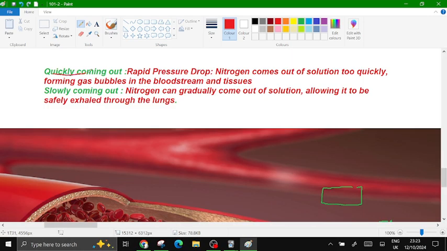So when they quickly come out, there is a rapid pressure drop from high to low, and then the nitrogen will start coming out of the solution from the tissues and the blood, red blood cells and other blood components. It will come out too quickly, and then all these small bubbles will form a giant big bubble.